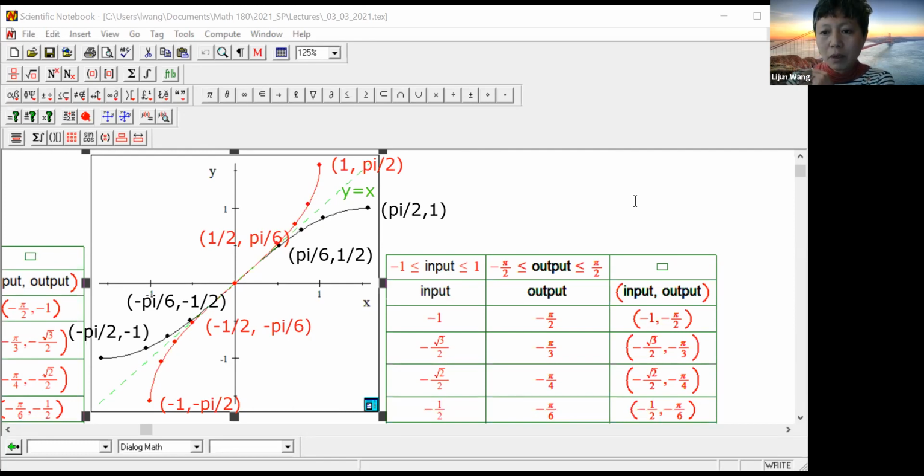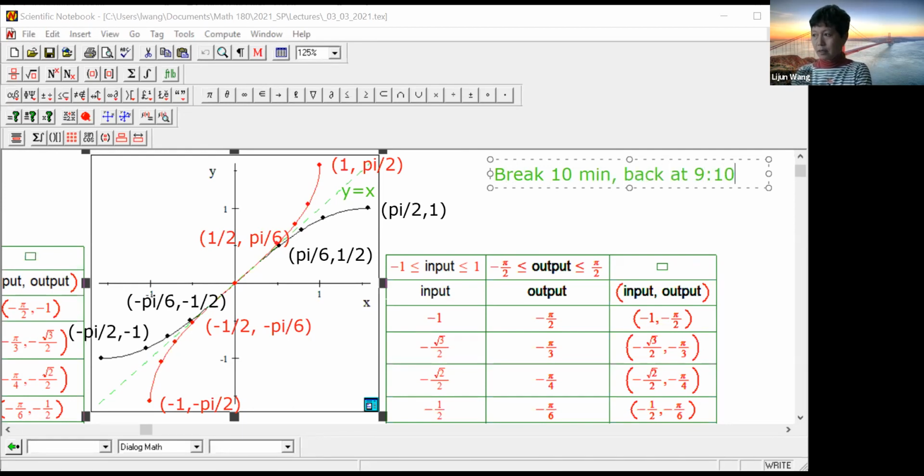I will keep my promise, but it's going to be very brief, because it may not be necessary for us to go over the entire thing. So let's take a break for 10 minutes and come back at 9:10 a.m.